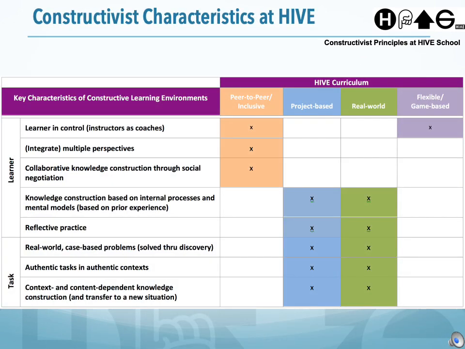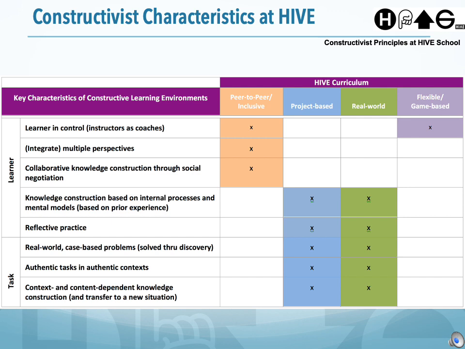To summarize, the key characteristics of constructivist learning environments are each exhibited in one or more of the pillars of Hive's concept. As shown in this matrix, Hive's entirely peer-to-peer, inclusive learning community, the orange column, and game-based flexible progression, the purple column, work together to ensure that the learner is in control and integrates multiple perspectives to construct knowledge collaboratively through social negotiation.